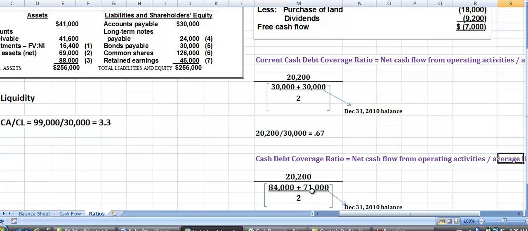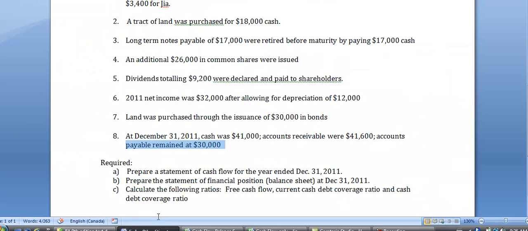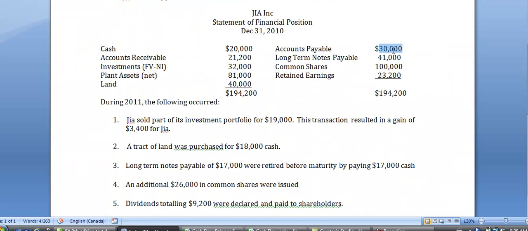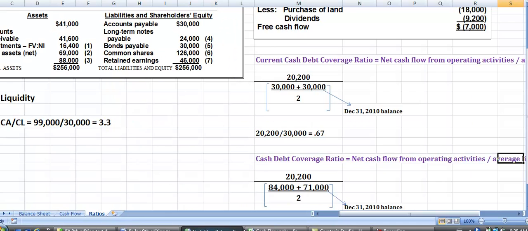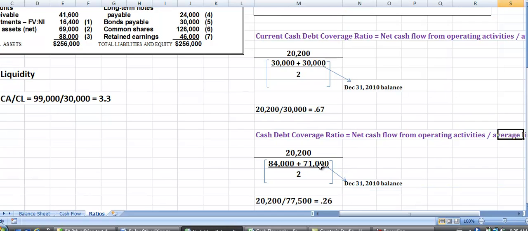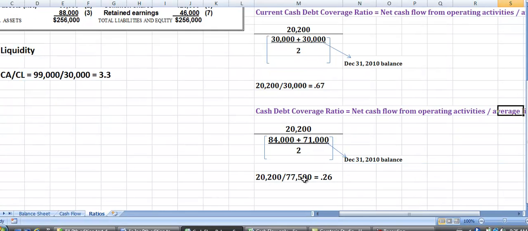We have our ending balance at the end of 2010, which is $71,000. If we go back to the original data in the question, all we're doing is adding 30 and 41, which was in the original question at the end of 2010. So we've got $71,000 at the end of 2010. On average, that's $77,500, which gives you an even worse amount.